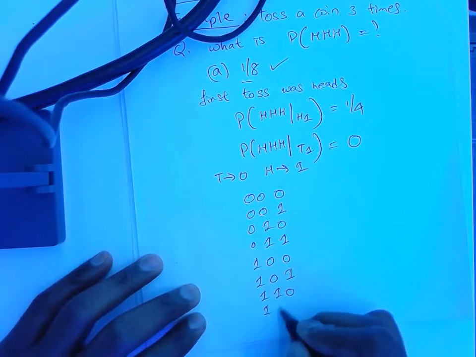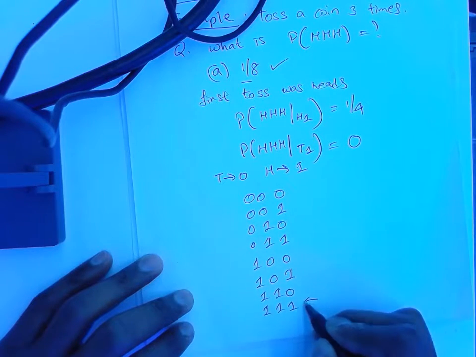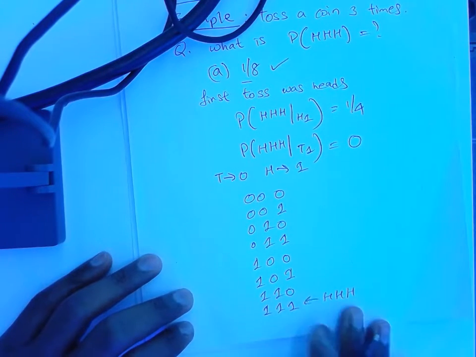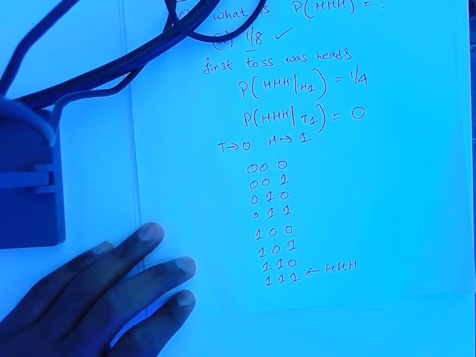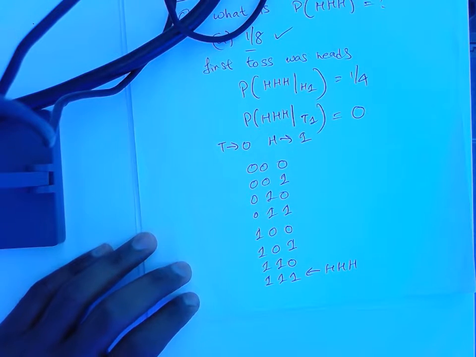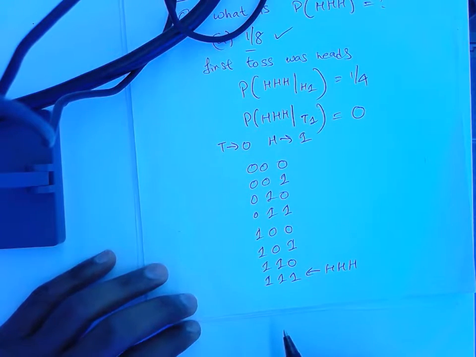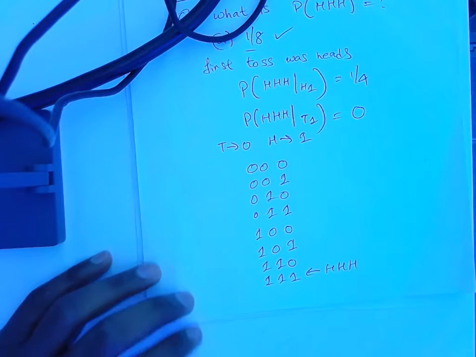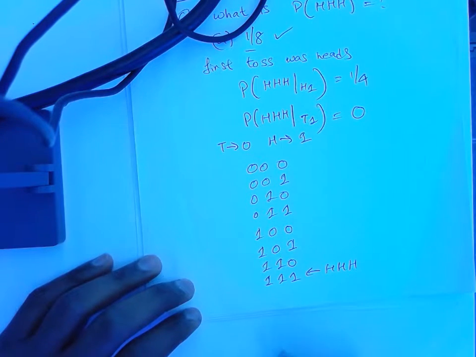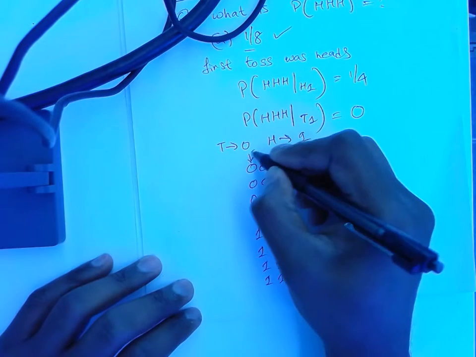Okay, so this is heads, heads, heads. Okay, so now what we're looking at, the way we are doing this in our minds, is when I say the first toss was heads, somebody already tells you the first one is heads. Let's say this is toss 1, toss 2, toss 3, right?